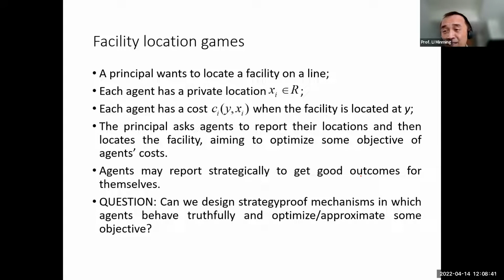Everyone tries to minimize the distance to the facility. Here we want to design mechanisms which are strategy proof for agents, and at the same time we want some social objectives to be as good as possible. This is the basic setting for facility location games.